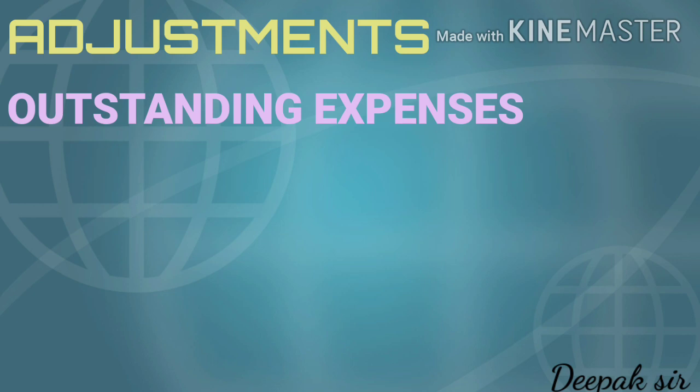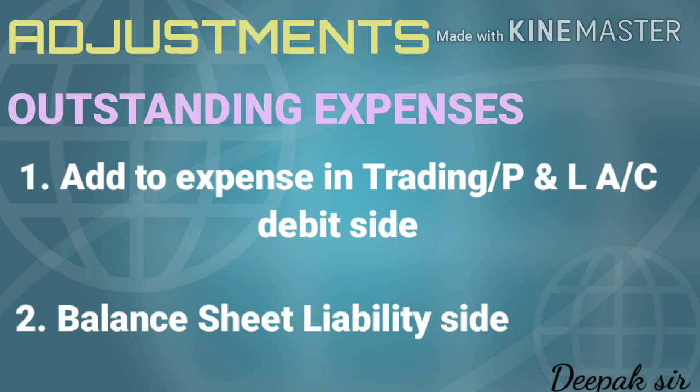So the first effect of outstanding expenses is we have to add to the concerned expense. This expense may be given either in the trading account or in the profit and loss account. The first effect we have to add, because our expenses are going to increase.